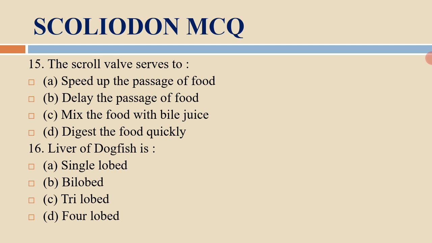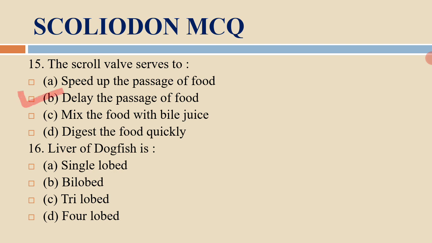The scroll valve serves to A. speed up the passage of food, B. delay the passage of food, C. mix the food with bile juice, and D. digest the food quickly.